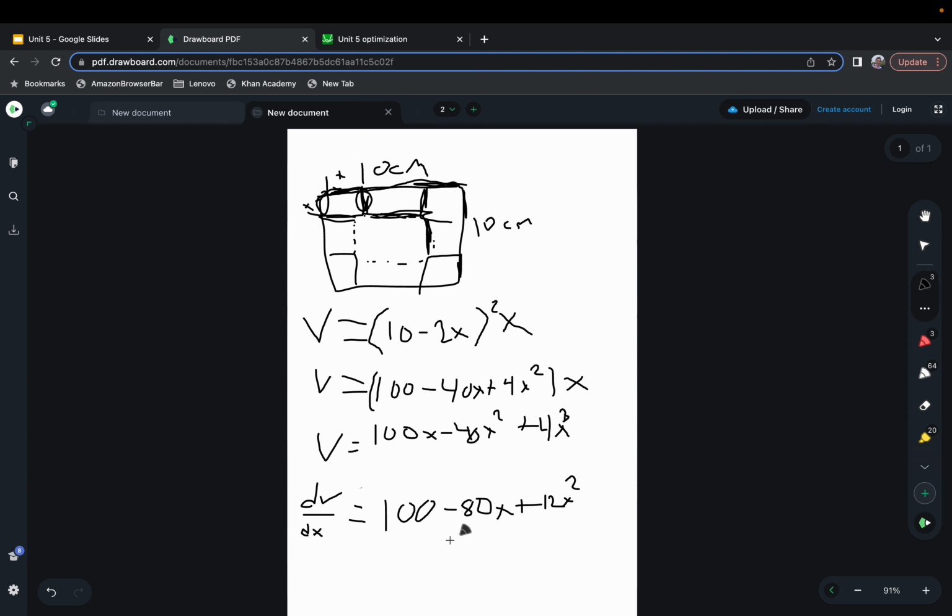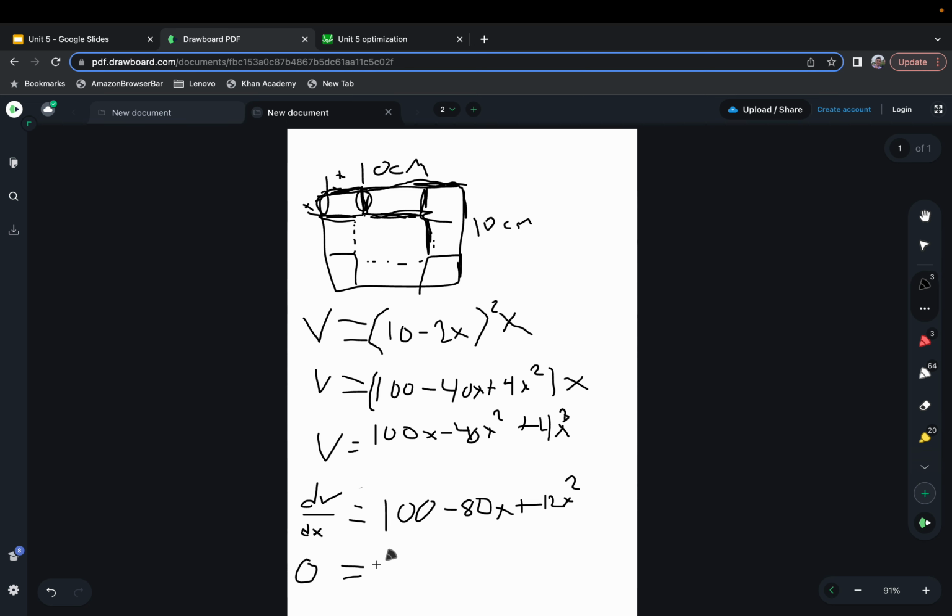And now we can already see, if you know your essential parabola function, this is just a normal parabola. There are no sharp corners, no discontinuities, jumps, anything like that. So we can go straight to looking for values where the derivative equals 0. Right away I see 100, 80, and 12 are all multiples of 4.